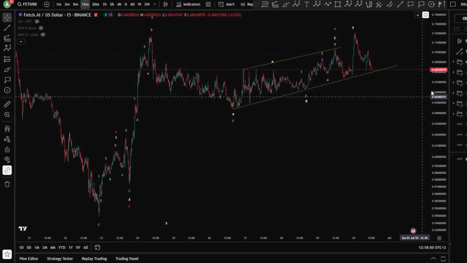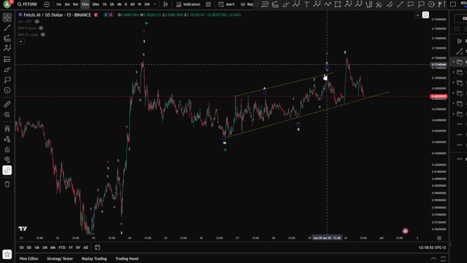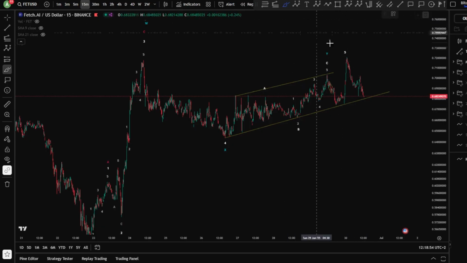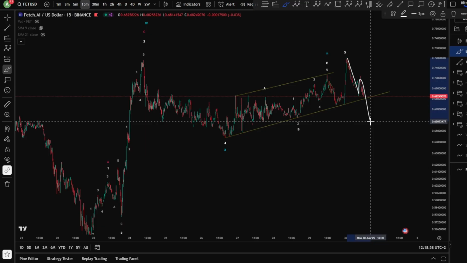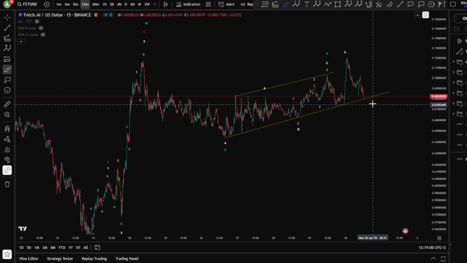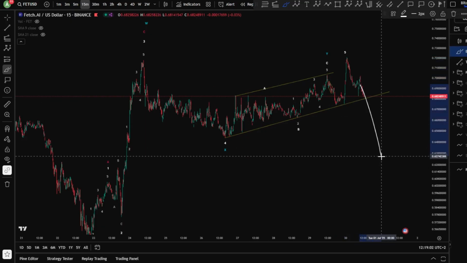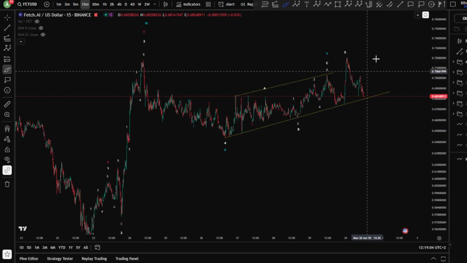It means that something corrective is still going on in this area, and currently we're moving also impulsively toward the downside, which might be something looking for a new low here.